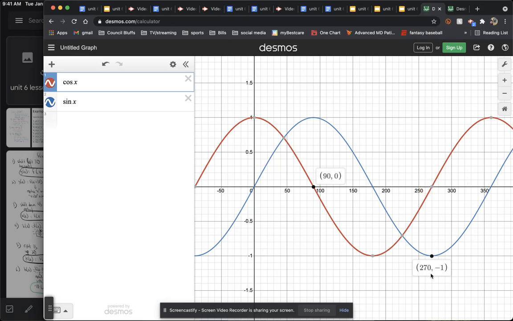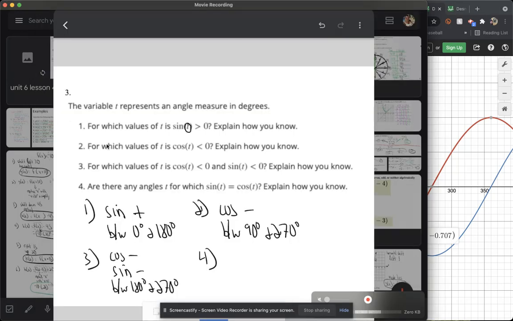If I'm just looking between 0 and 360, notice they intersect here, and they intersect here, and they don't intersect anywhere else in that 0 to 360 range. So are there any angles t for which sine and cosine are equal to each other? The answer is yes.